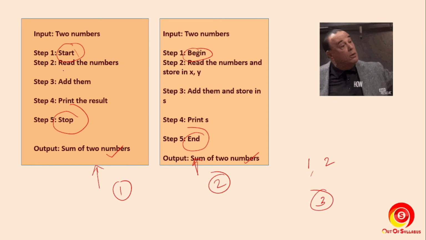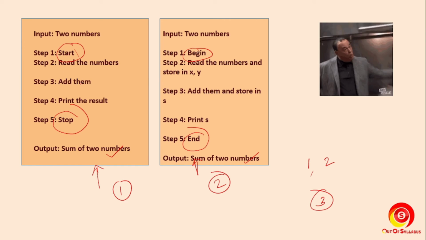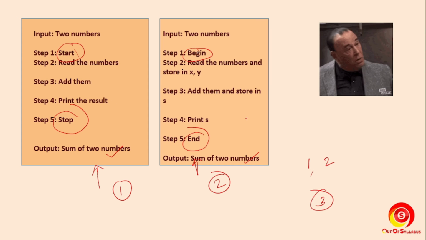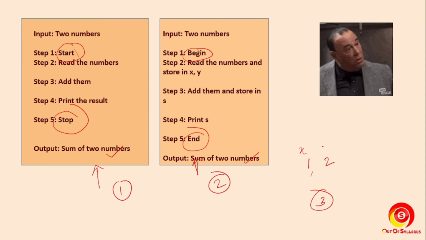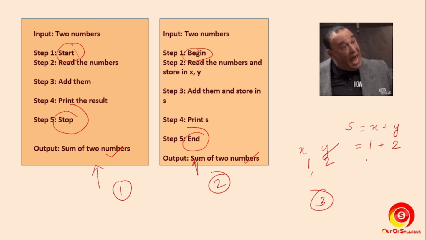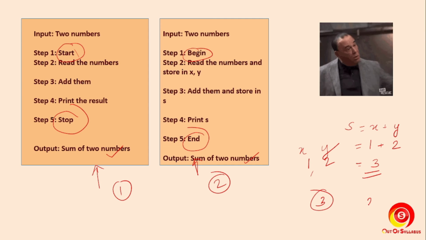Let's look at the first algorithm: read the numbers, add them, print the result. As simple as that. Here in the second, I have made it clearer. Read the numbers and store them in x and y, so x is equal to 1, y is equal to 2. Add them and store it in s, which means s is equal to x plus y, that is 1 plus 2, which is equal to 3. Now print s, so the value of s, which is 3, will be printed.